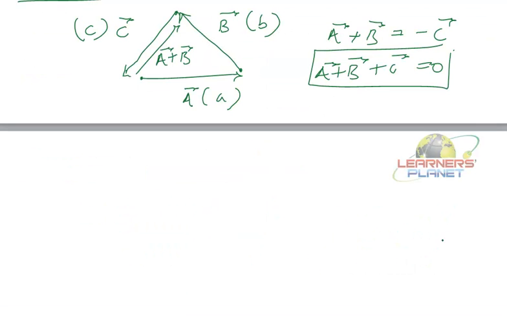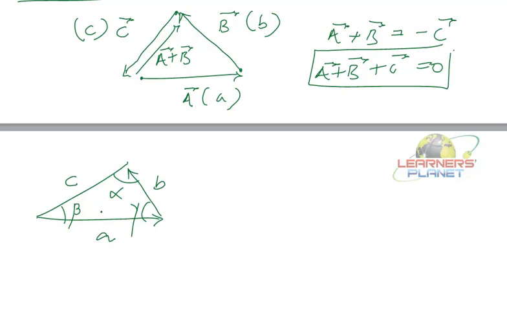Now let us say this is vector A having side A, this is vector C having side C and this is vector B. The angle opposite to the side B is beta. The angle opposite to side A is given by alpha and opposite to C is given by gamma, let us say.